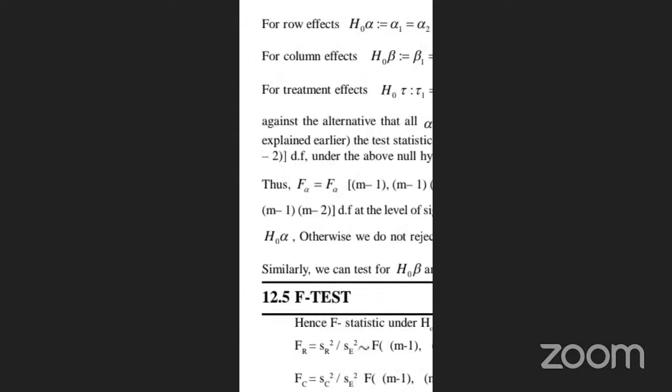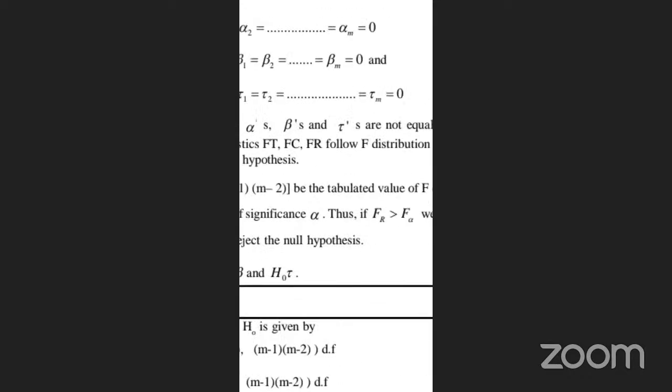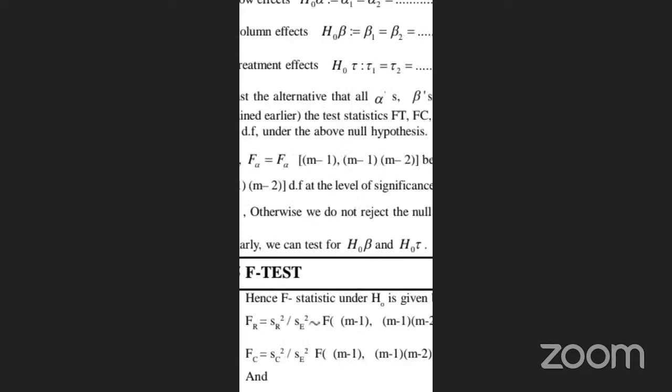As explained earlier, the test statistics are FT, FC, FR. What is FT, FC, FR? Anyone tell me? Treatment, column, row. These follow the F distribution with m minus 1 and m minus 1 and m minus 2 degrees of freedom under the above null hypothesis.